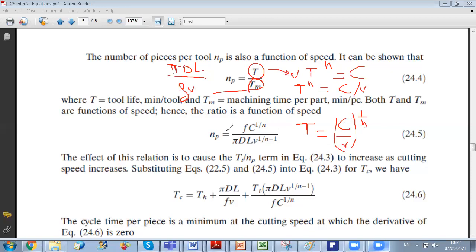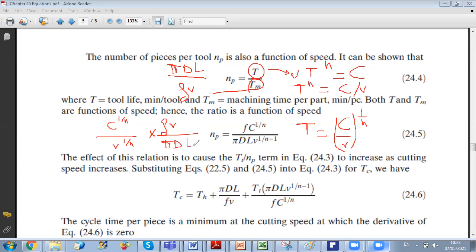You have C to the power 1 over n over V to the power 1 over n, which is the tool life that we got from the Taylor equation, over the machining time. So it is times the feed times the cutting speed over pi d l.